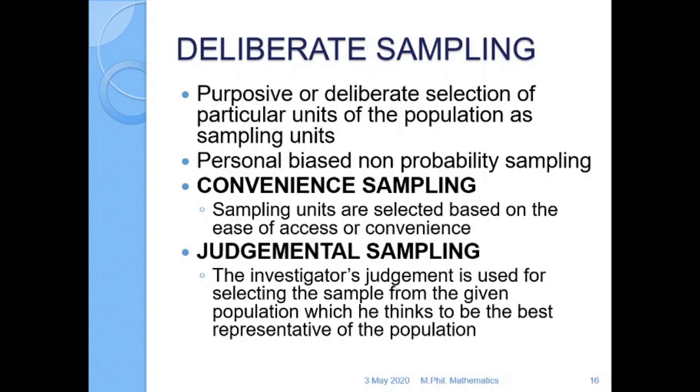This selection may be based on the ease of access or convenience, which is termed as convenience sampling, or maybe based on the prior judgment of the investigator about the population units.